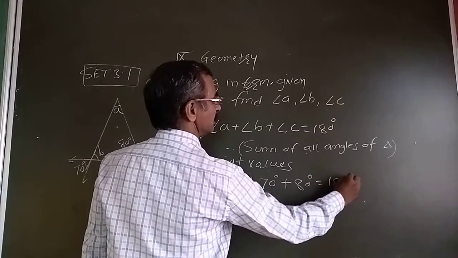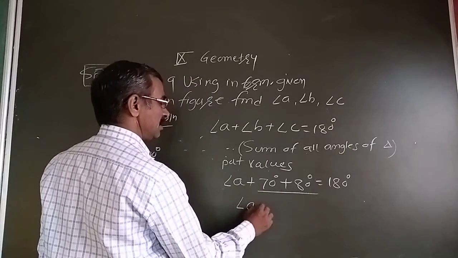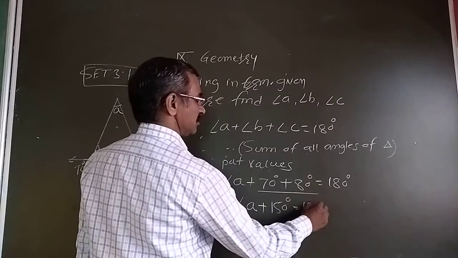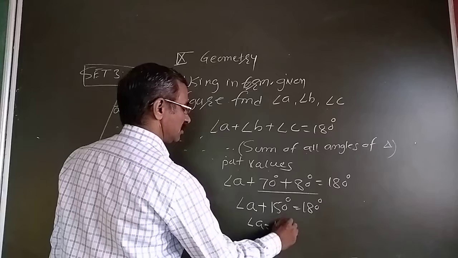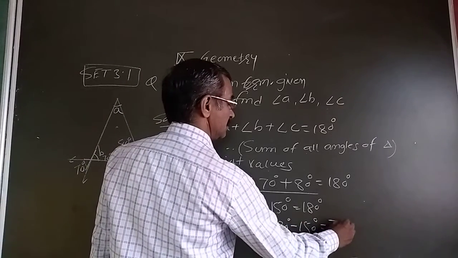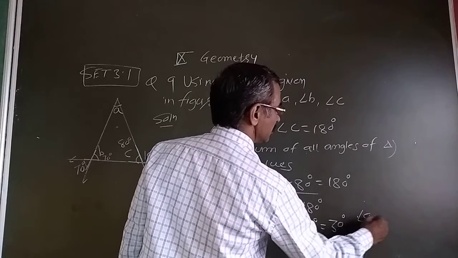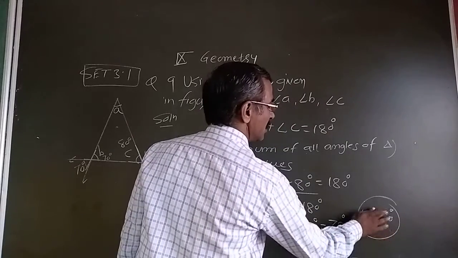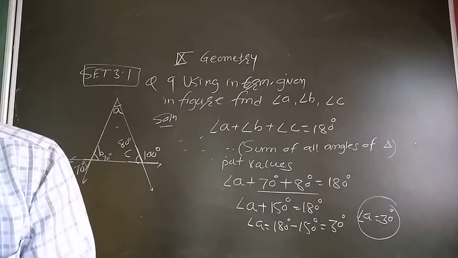By adding these, angle A plus 150 degree is equal to 180 degree. So by transposing 150 to the other side, we get angle A is equal to 30 degree. So we found the three angles, A, B and C. So we solved this example.